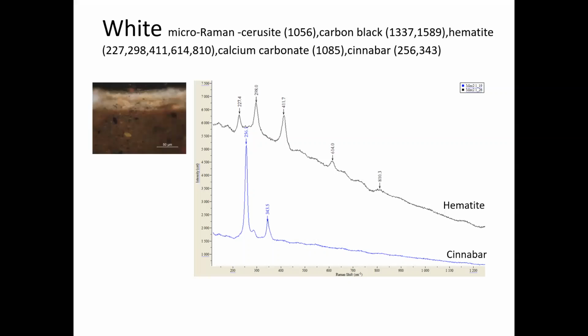So these pigment fillers that are gypsum and calcite were added probably to bring density to the layer and increase the transparency to these lighter tones.